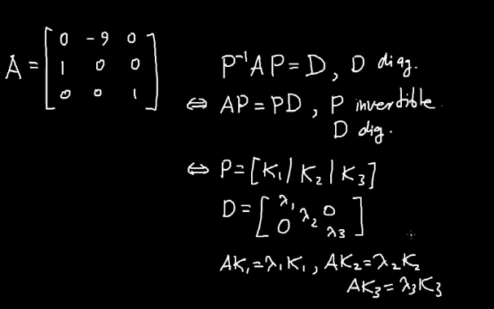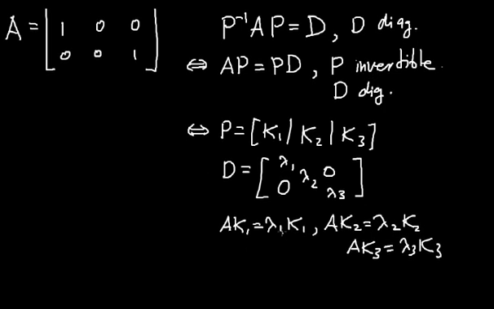One additional requirement is the invertibility requirement, which translates to the k vectors being linearly independent. So k1, k2, k3 are supposed to be linearly independent.